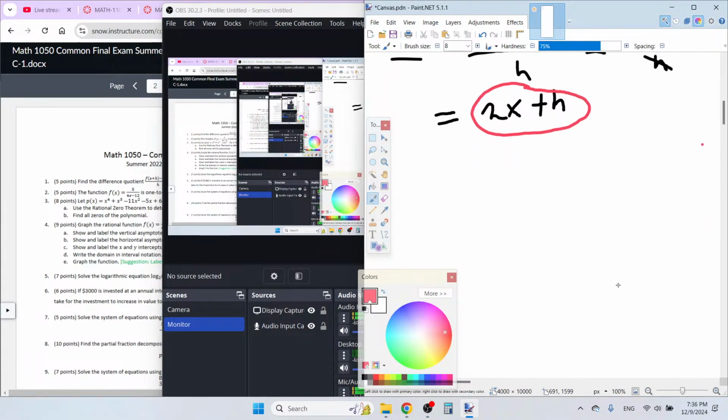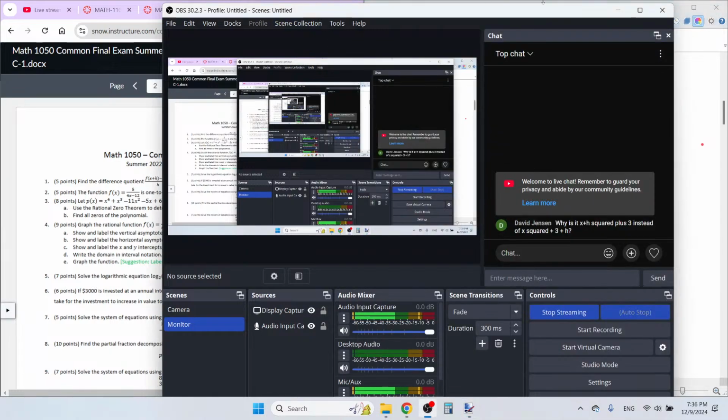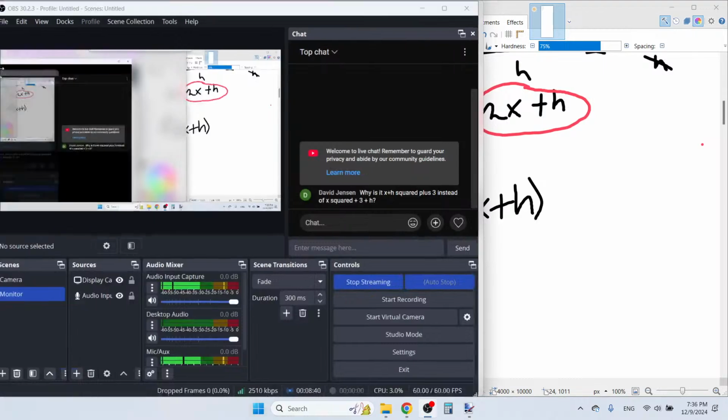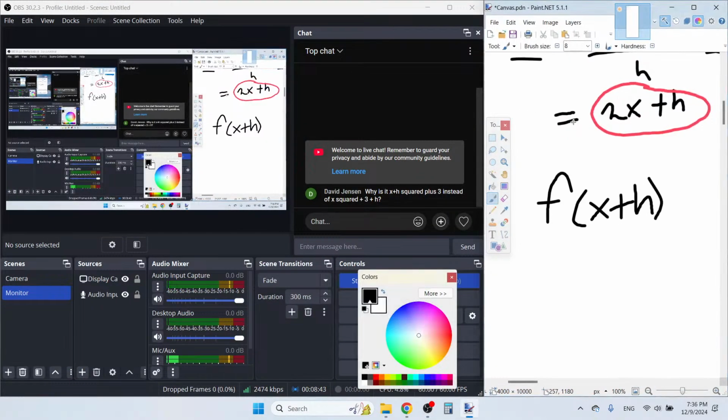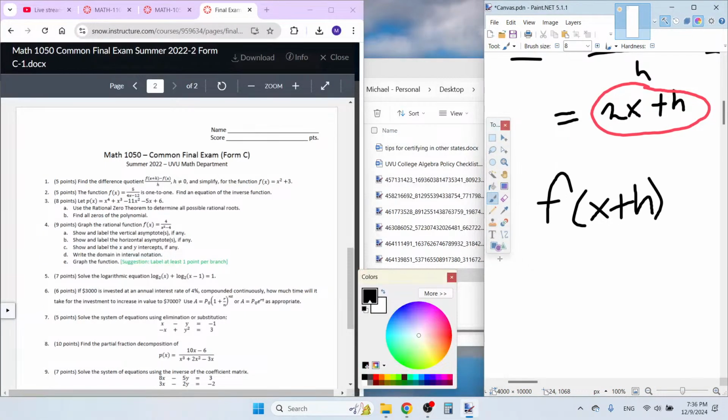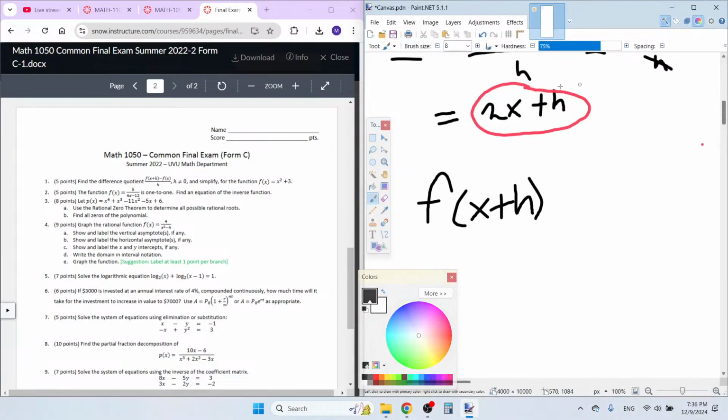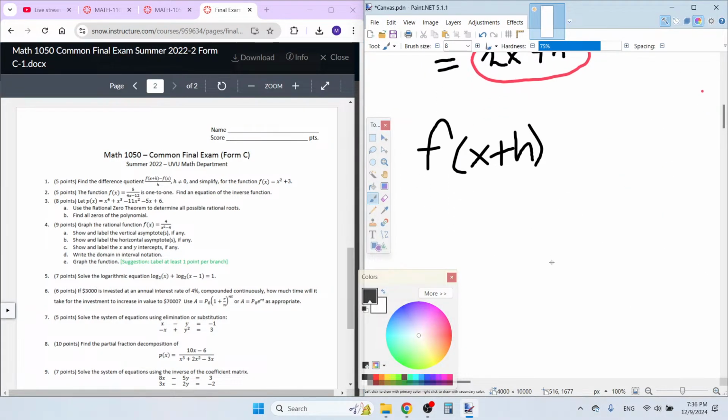So it's because we're doing f of x plus h like this. We'll move this over here, I guess. Okay. Well, that's not going to line up nicely for me. Okay. So x plus h is on the inside, just like if I had f of 2.